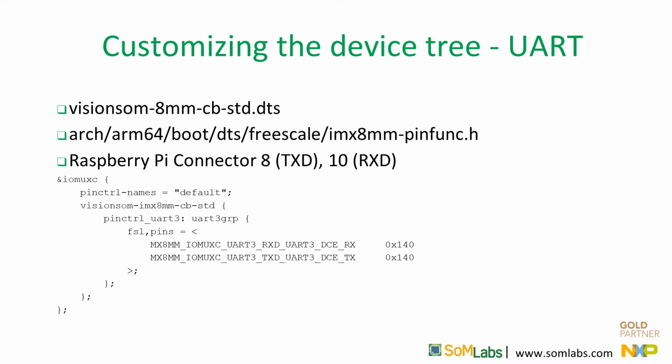The individual bit fields of the GPIO configuration registers are explained there. The configured pins are on the I.MX8M STD base board of the Raspberry Pi connector. These are pins 8 for TXD and 10 for RXD. The pins are configured in a device tree in the I.MX section by creating a new group. Pin CTRL UART3 defined for the new interface.